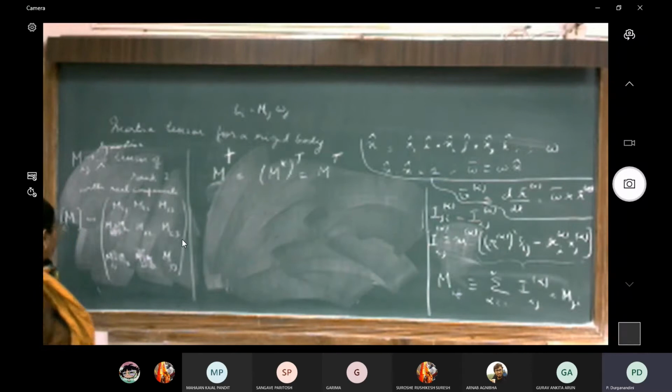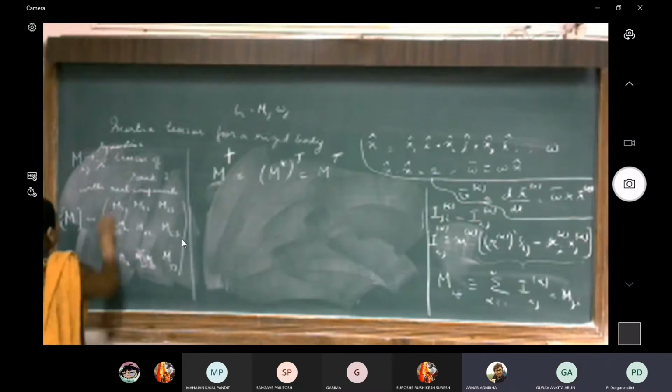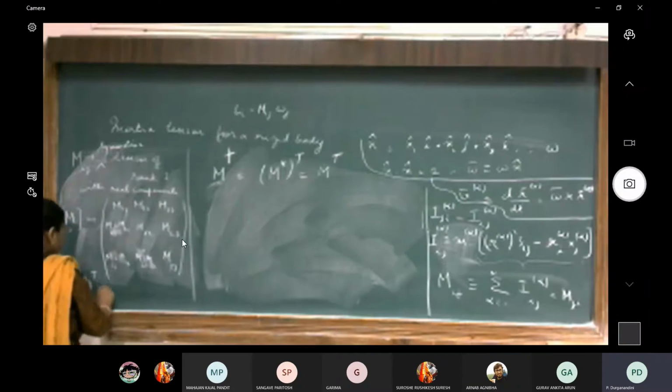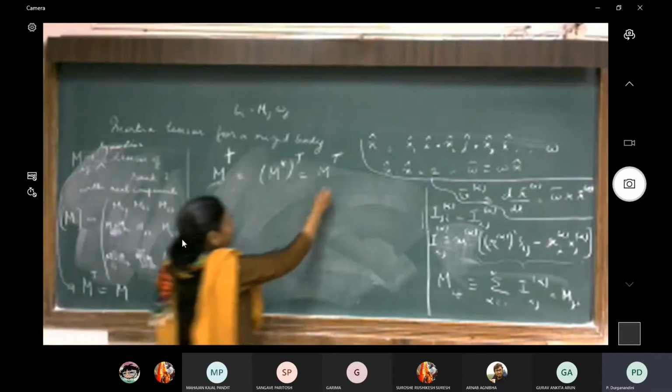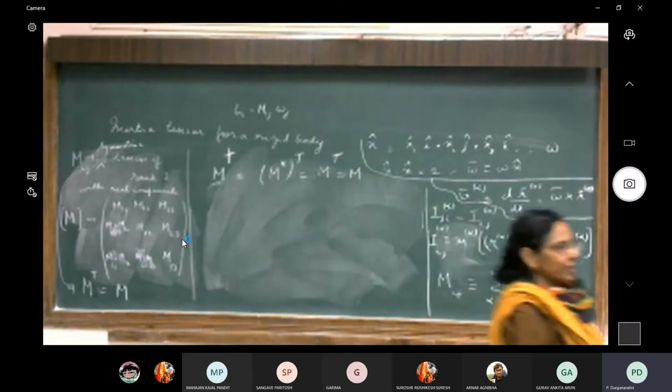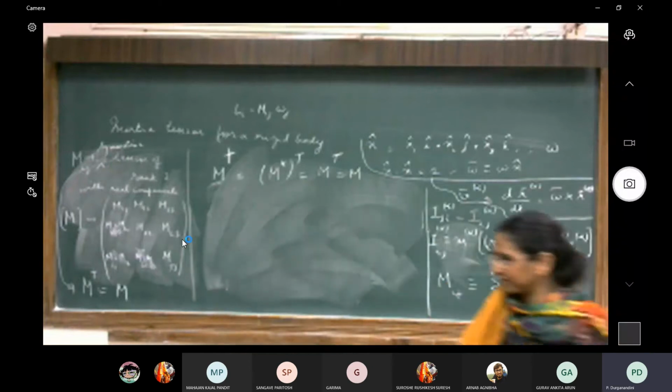But if you have a symmetric matrix, what is the relation between M transpose and M? If I take the transpose of this, I get M. So because it is symmetric, M transpose is the same as M. Therefore I find that M dagger equals M. So what kind of a matrix is this?